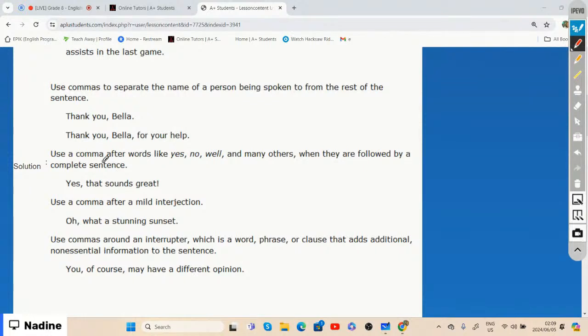So there we have thank you, comma, and then Bella. The thank you is separated from the person's name. And even if you look at the next sentence, it says, "Thank you, Bella, for your help." We could have just said thank you for your help. But now, if we're specifically making mention of Bella, then we are separating Bella's name with commas.